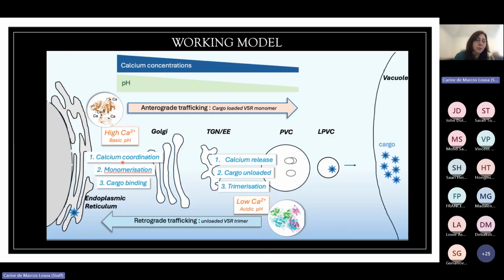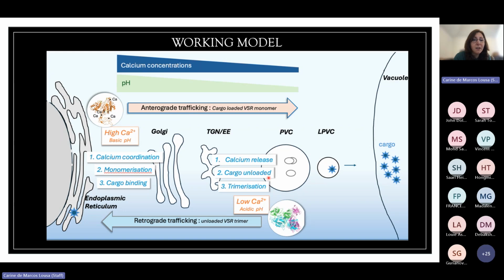So our working model, because I'm a cell biologist and biochemist, and this is the aim, to understand how the vacuolar sorting receptor traffics, is that in early compartments, calcium coordination happens at high calcium concentration and basic pH. There is the monomerization of the vacuolar sorting receptor. This triggers cargo binding. When the cargo has bound to VSR, it is then trafficked to later compartments here.